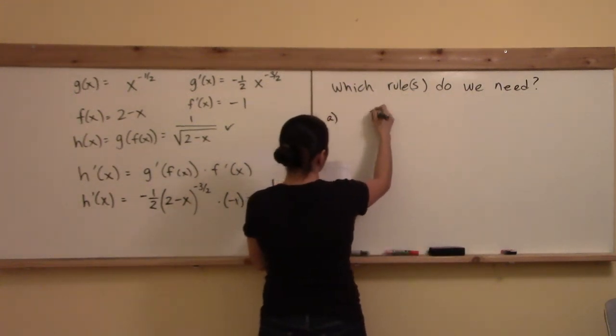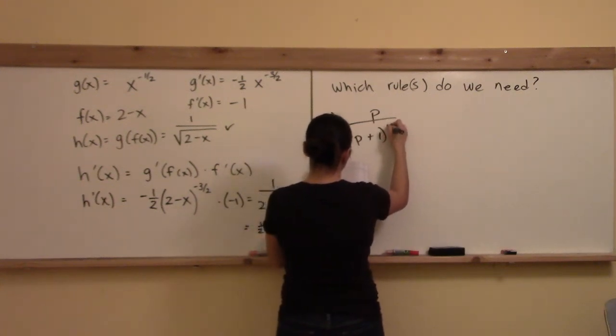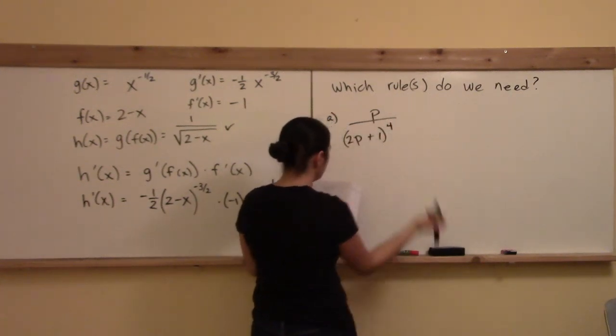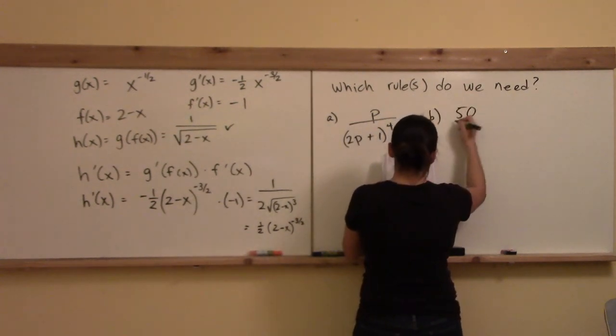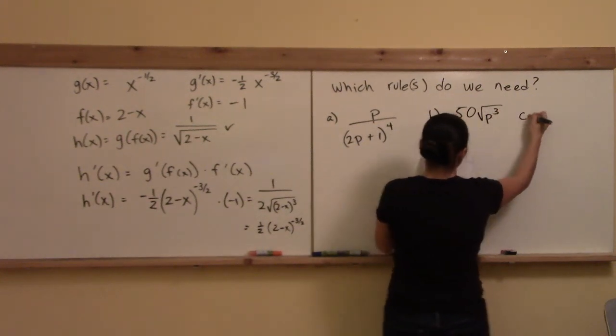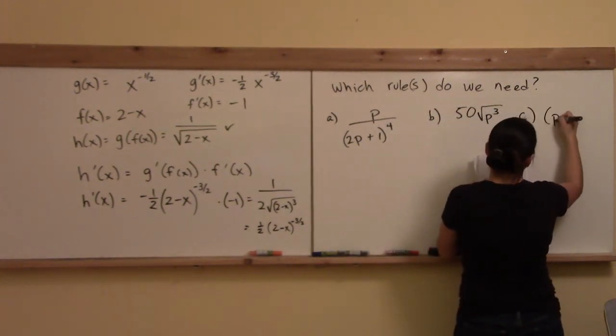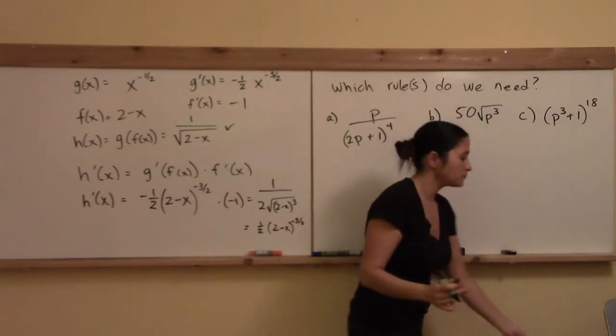And we have p over 2p plus 1 to the 4th, and then let's say we have 50 times the square root of p cubed plus 1 to the 18th power.